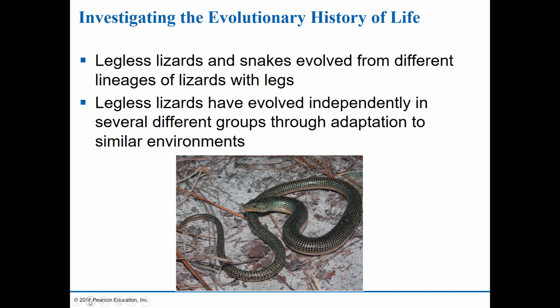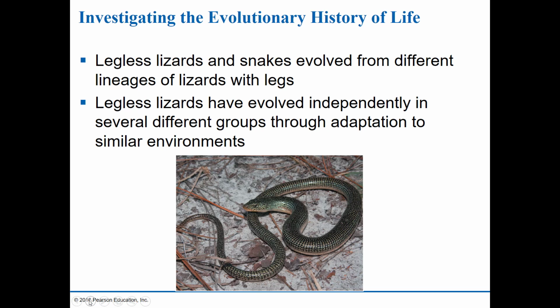Legless lizards and snakes probably evolved from a common ancestor that was a lizard that had legs. And that ancestor went extinct, died off, and branched off and made new species like lizards that have legs, more lizards that have legs, snakes, and legless lizards.